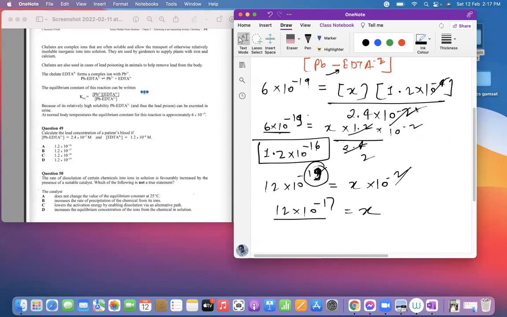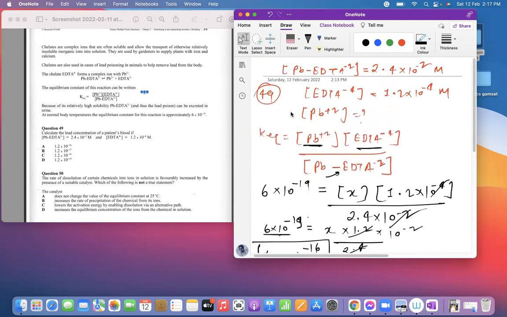Can you see the solution? Any doubt, please tell me. Okay, now you can try question number 50. Yeah, this is the first half of the solution.